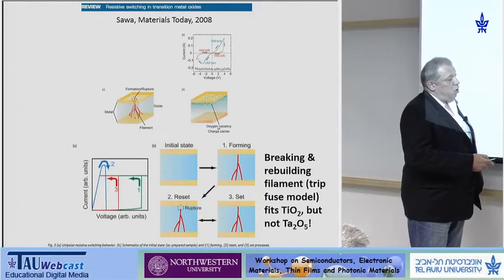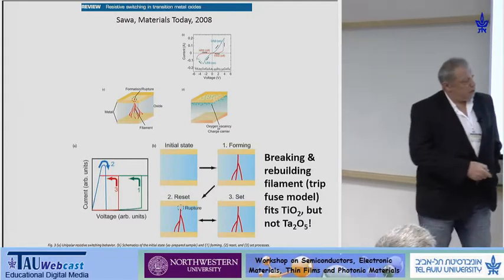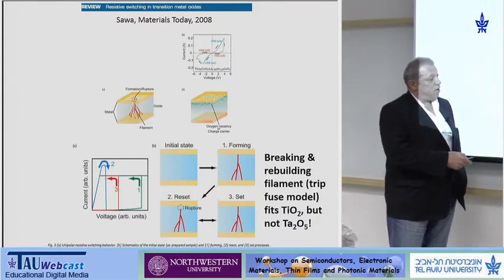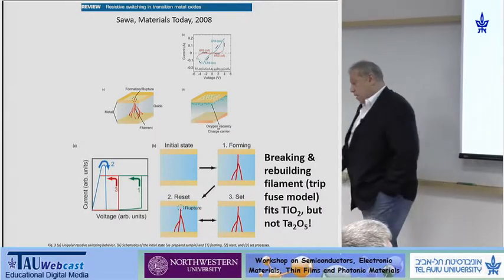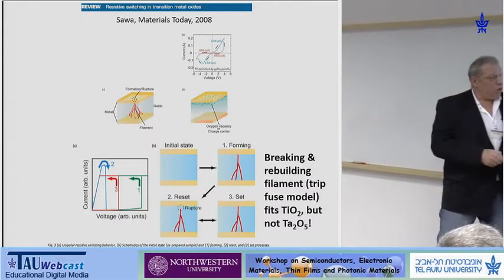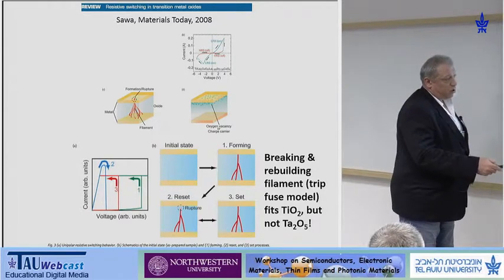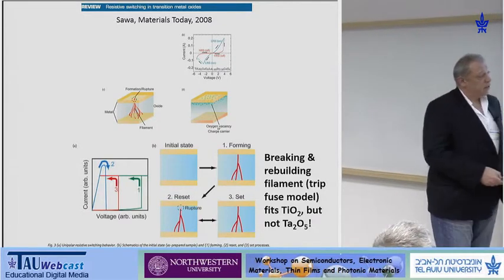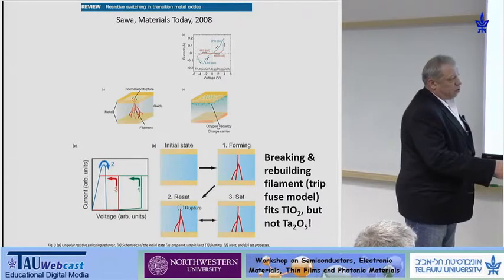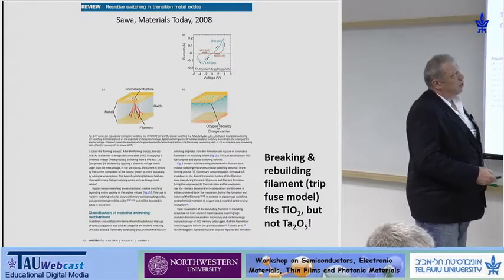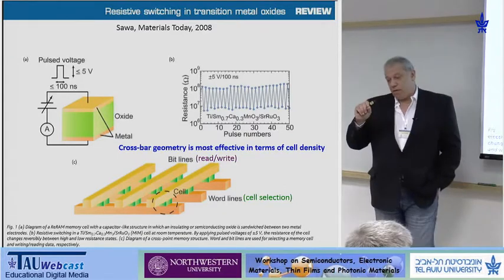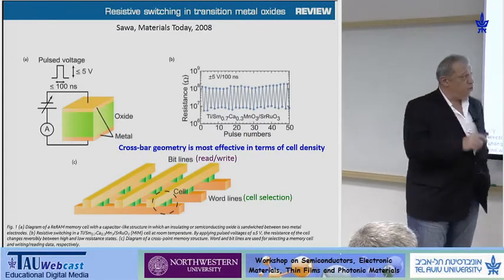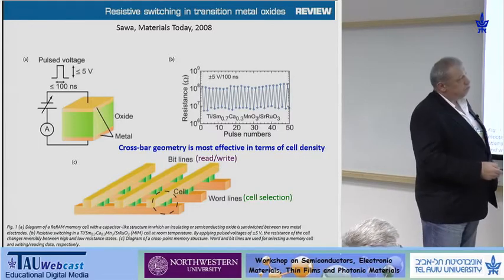And then when we reset, we destroy this channel by increasing the gap here between the top contact and the channel. And we can rebuild it by putting the set voltage, by reversing the polarity, and rebuilding the channel. So the on-off switching that we saw here is basically by forming and destroying the gap between the channel and an electrode.